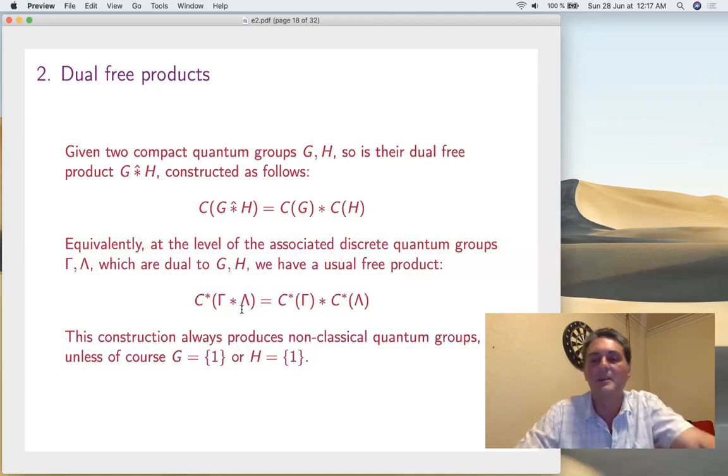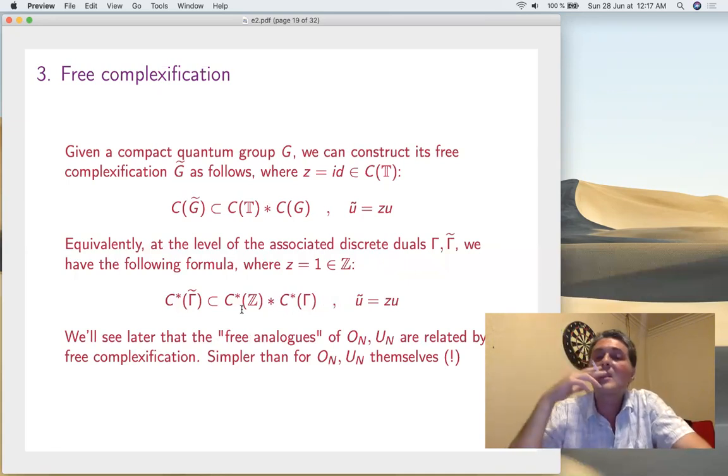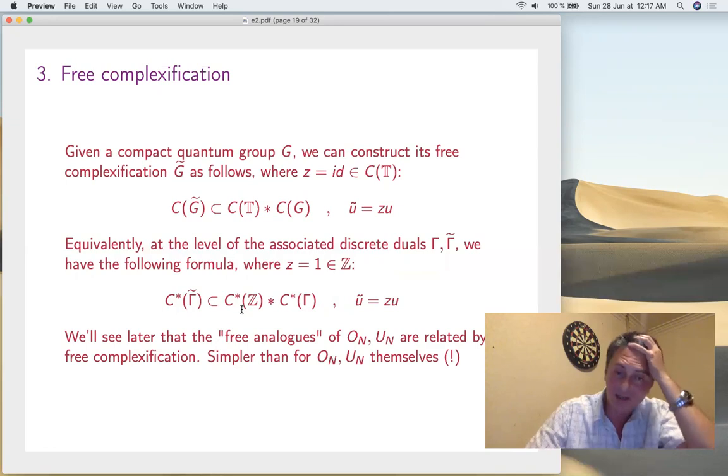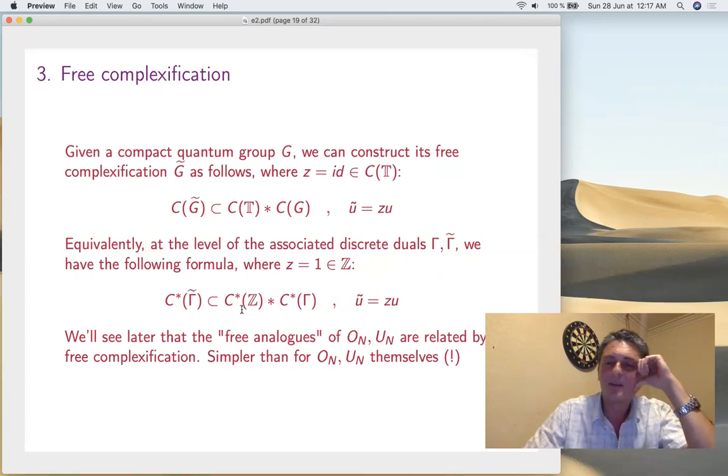So very interesting things. Free complexification now. That's also a bit tricky. So actually, let's start with the classical case. If you want to pass from O_N to U_N, that's no easy business, because you either need to know how a unitary matrix decomposes in terms of diagonal and orthogonal matrices.